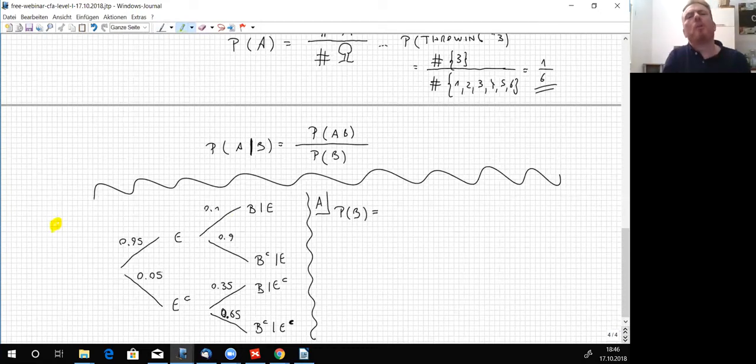The unconditional probability of the event B is asked for, and B is located here, for example.